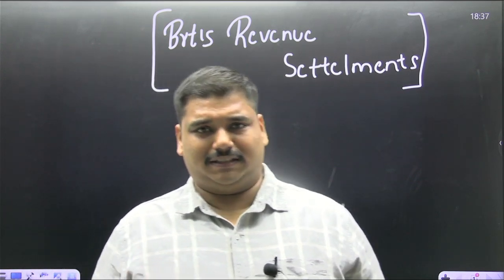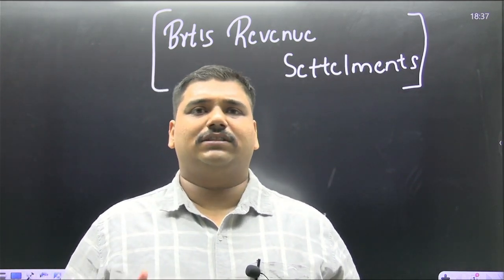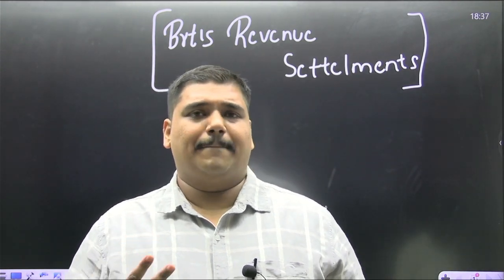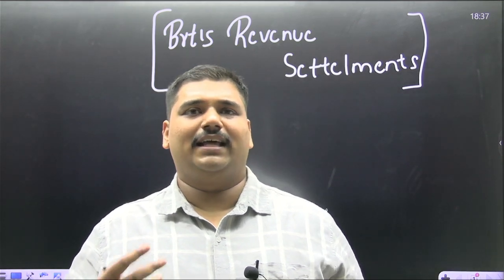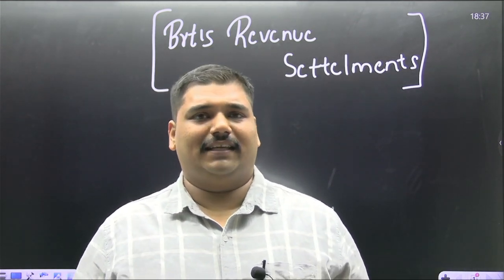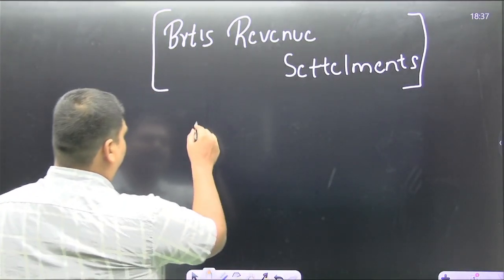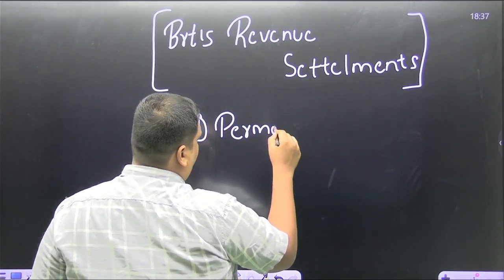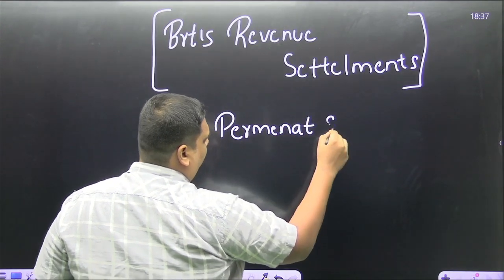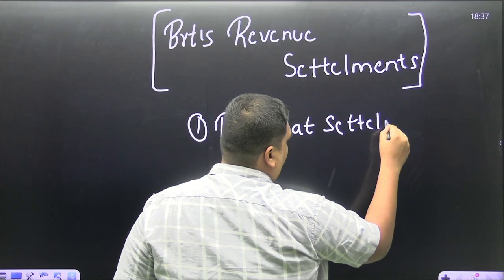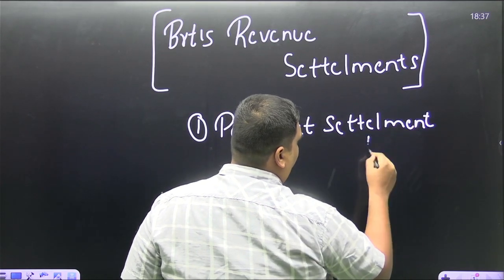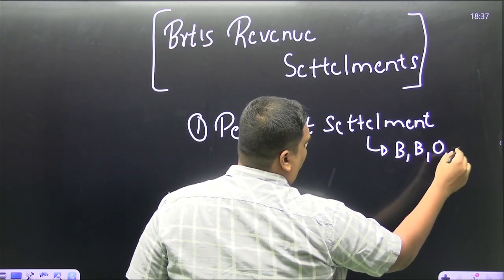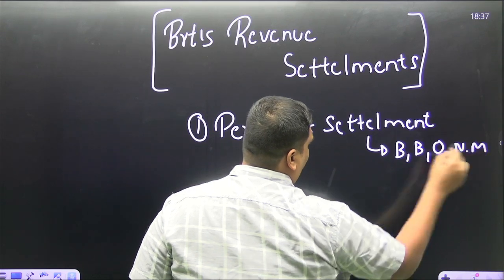Now, in the past, when agriculture was the prime mode of taxation, the British introduced three major revenue collection schemes or strategies. These were: first is permanent settlement, which was introduced in Bengal, Bihar, Orissa, and northern Madras.